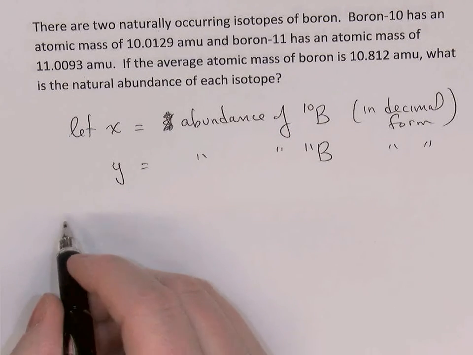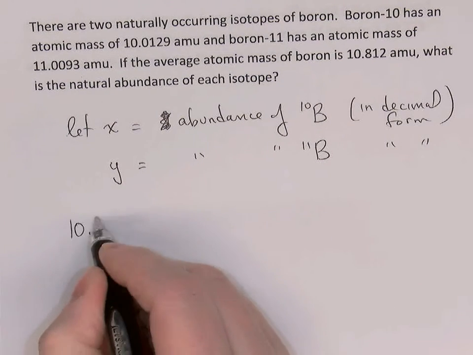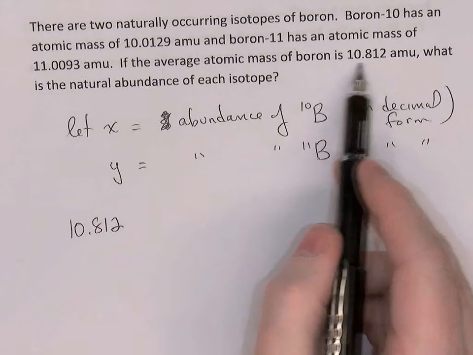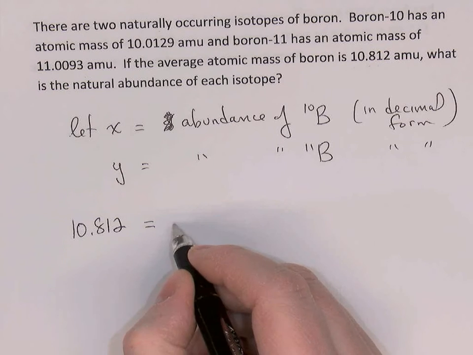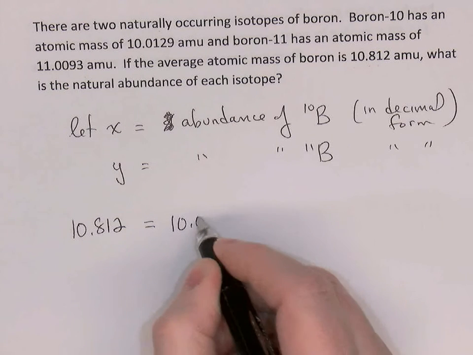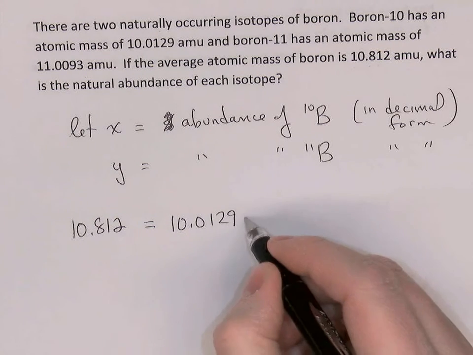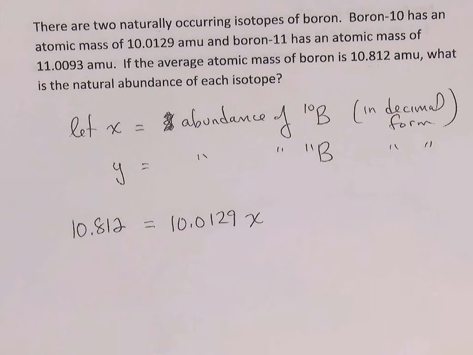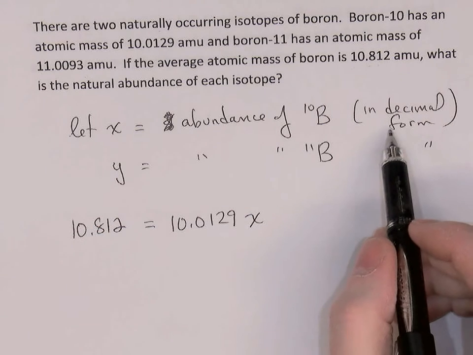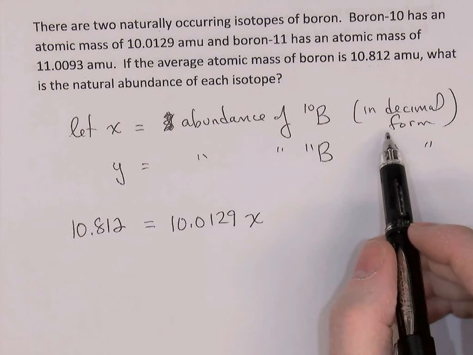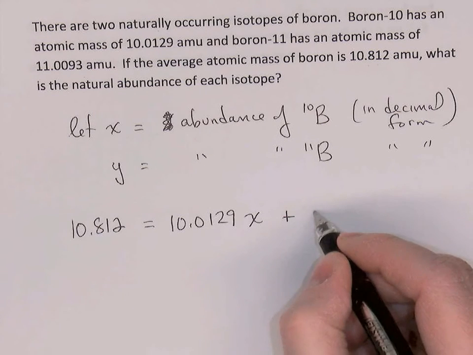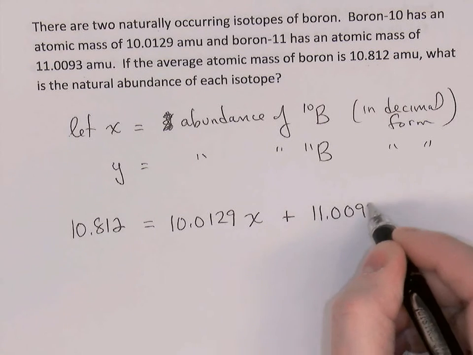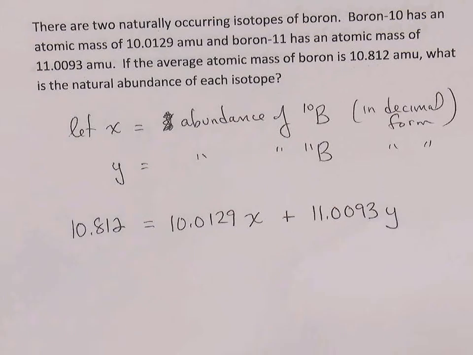We know the average mass, so 10.812, the average mass of the boron, has to equal the isotope's mass for boron 10, so 10.0129, times its abundance, X. Now I don't need to divide by 100 here because we said earlier it was going to be in decimal form already. Plus the other isotope's mass, 11.0093, times its abundance, Y.